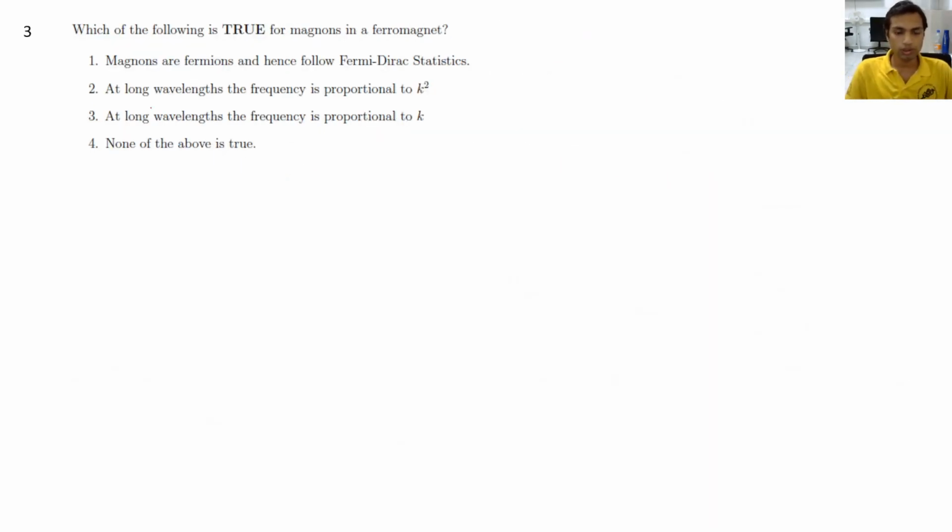Which of the following is true for magnons in a ferromagnet? So magnons are what? Magnons are the spin waves, or the quantum of the spin fluctuations. For example, if you have spins arranged in a lattice like this, this is making some angle with the next spin, and this is making some angle.